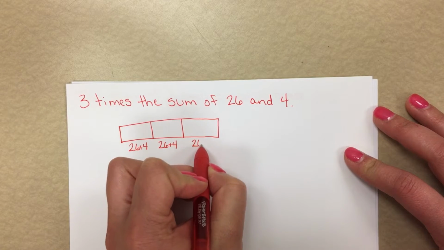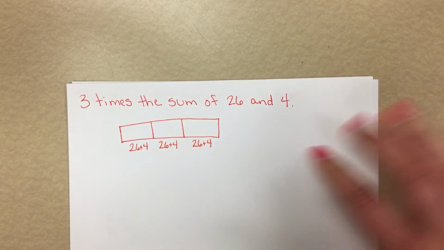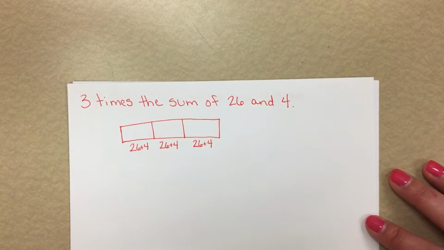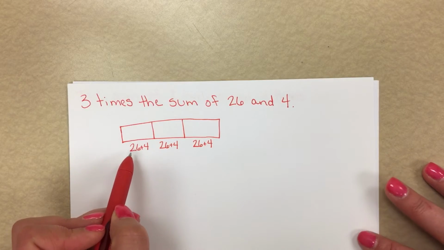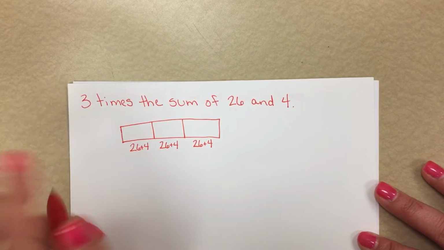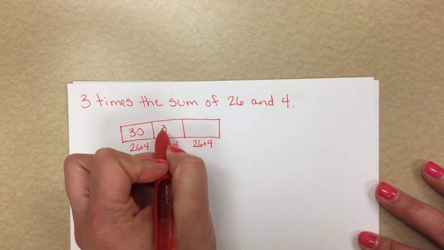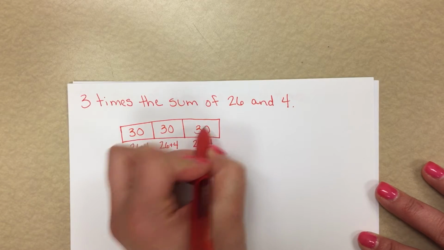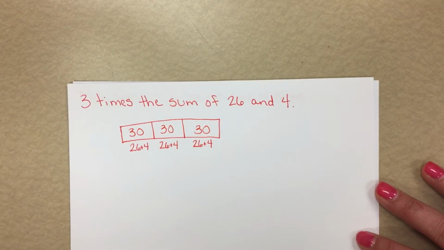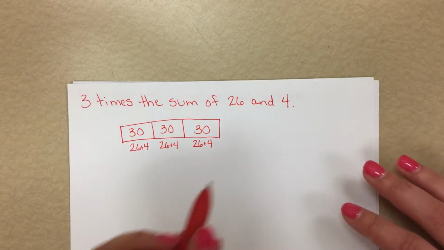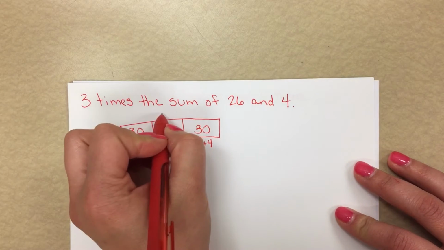And I'd have 26 plus 4 here, because these are the sum of 26 and 4. So in order to get this, I would end up with 26 plus 4 3 times. So I would have 30, 30, and 30 in each one of these, okay? And if I added all 3 of these together, then my answer would be 90.